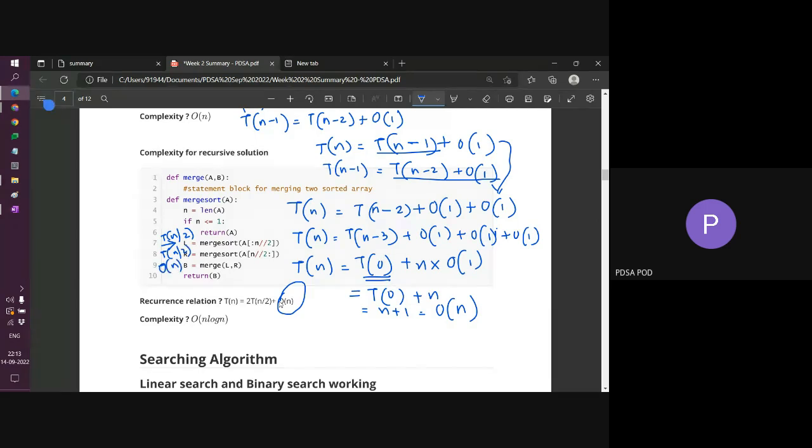You will not know why this is O of n unless you know the merge method, which we will see maybe in the next session. Right now I will just look at the two searching algorithms. Is it okay?